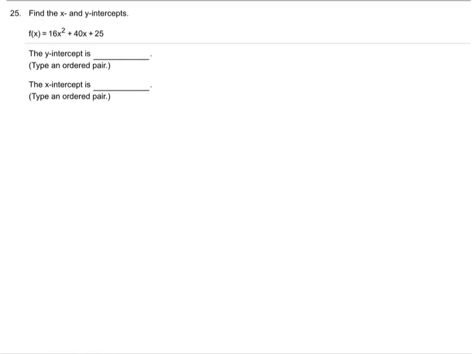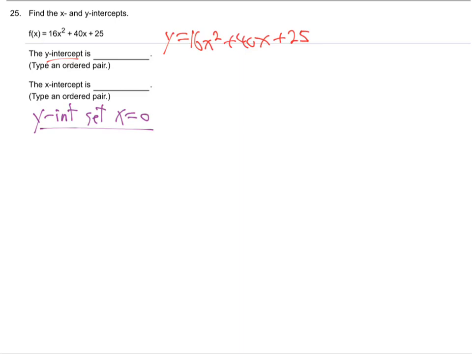Okay, last one, they have y equals 16x squared plus 40x plus 25. They want the y-intercept. So remember how to find intercepts? For the y-intercept, set x to 0. Remember, you always set the opposite letter to 0.